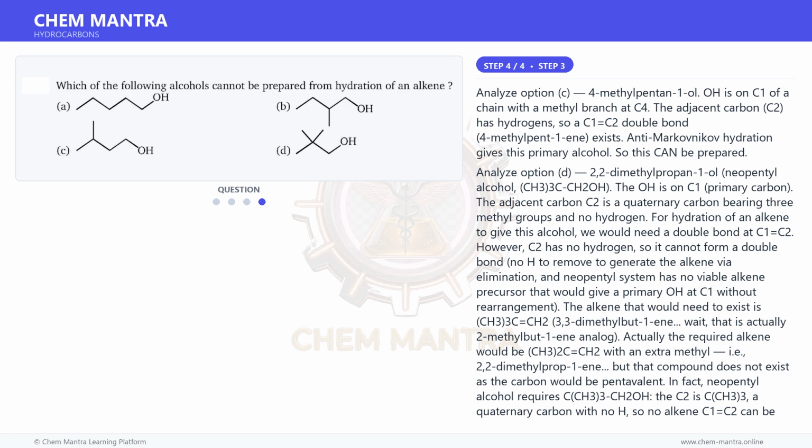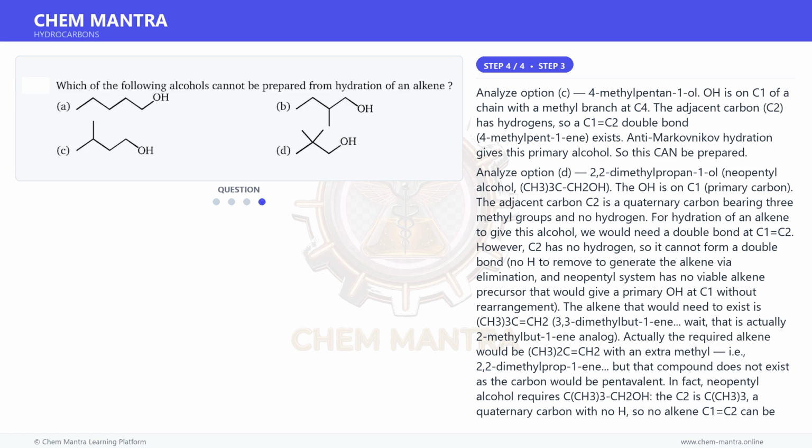However, C2 has no hydrogen, so it cannot form a double bond, no H to remove to generate the alkene via elimination, and the neopentyl system has no viable alkene precursor that would give a primary OH at C1 without rearrangement. The alkene that would need to exist is (CH3)3C=CH2, 3,3-dimethylbut-1-ene.